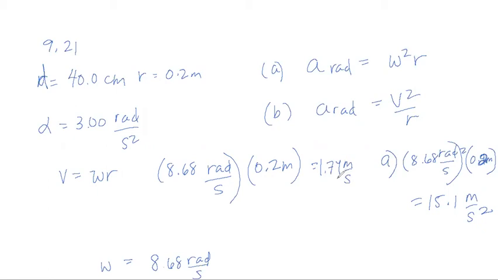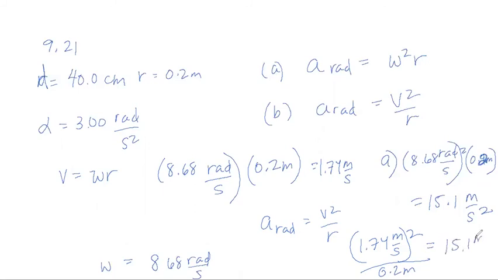All right, now a radial equals v squared over R. That's going to give me 1.74 meters per second, quantity squared, divided by 0.2 meters, and that's also going to give me 15.1 meters per second squared. And that was 9.21.